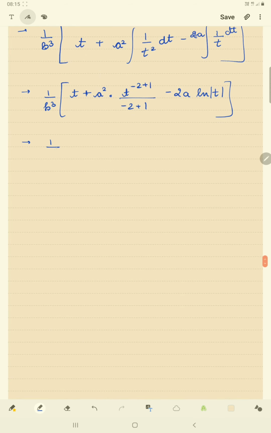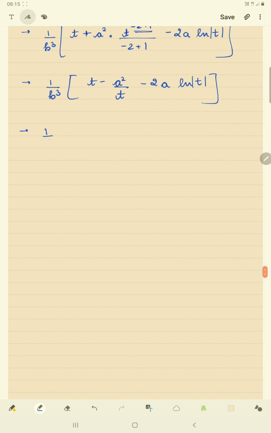Now we have 1 upon b cubed, t minus a squared upon t. Since we have a minus 1 over here, the t goes in the denominator, and we have minus a squared upon t minus 2a ln t.